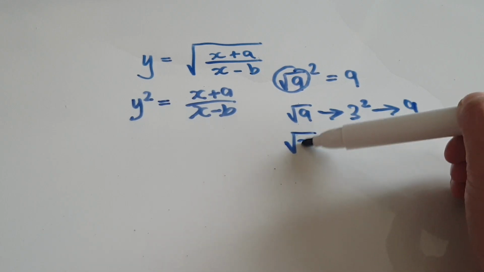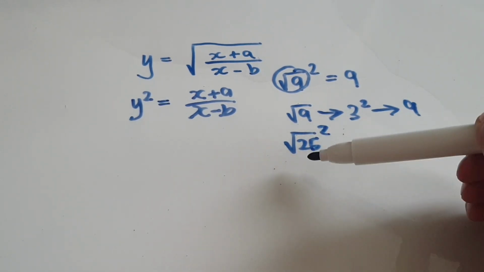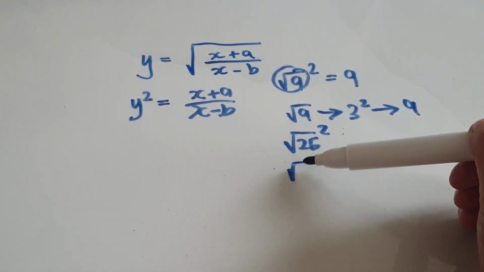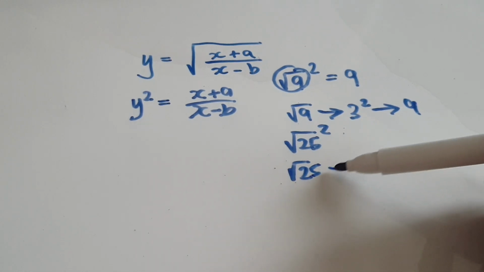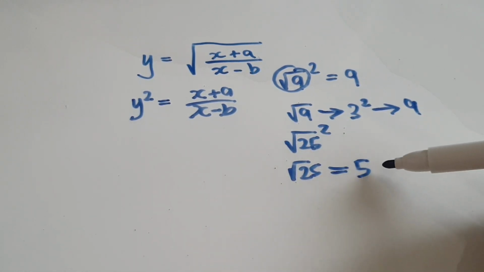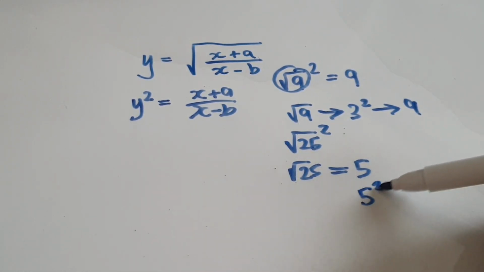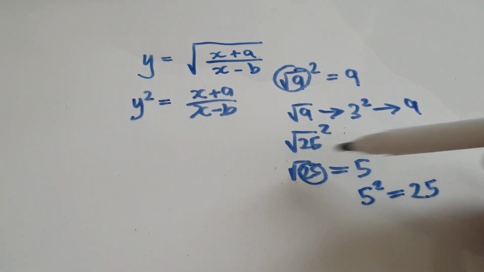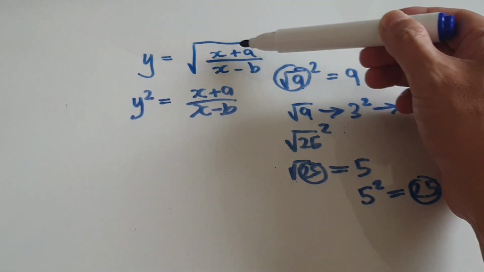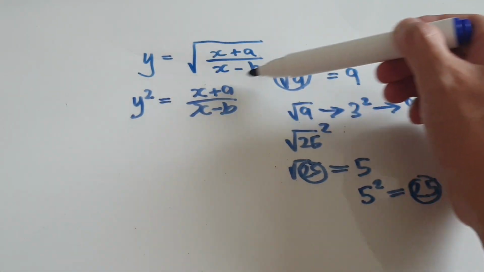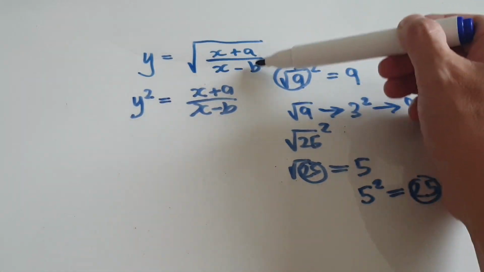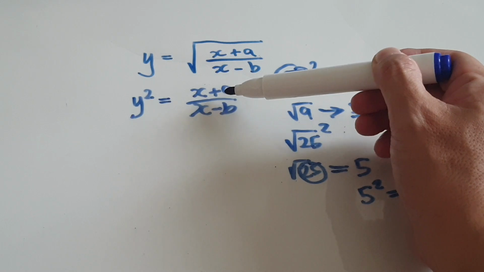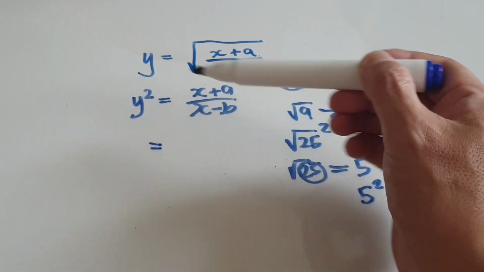If you look at square root of 25 and then you square it, square root of 25 is 5. But then when you square this, it would just become 25, back to what's inside the square root. So the point is that when you square both sides, what's left will be what's inside the square root, which will be this. So now you're trying to make x a subject.